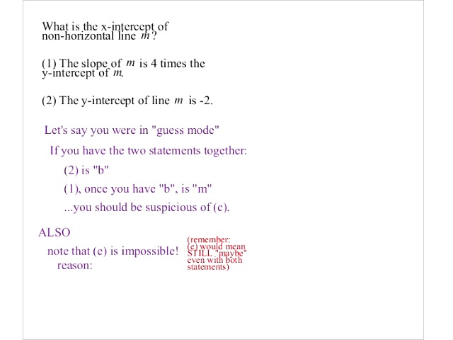Well, if you have both statements, let's look at what happens. Then the y-intercept is -2, and the slope must be -8.